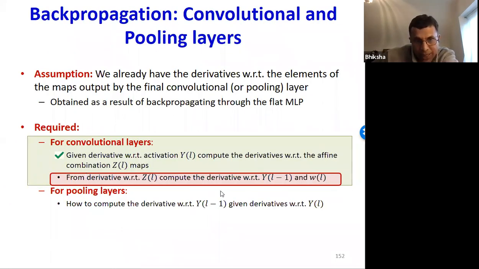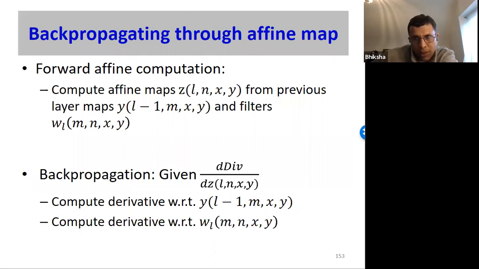The really challenging bit is now we are given the derivative with respect to z. How do you compute the derivative with respect to the output of the previous layer? And how do you compute the derivative with respect to the filters? This is the real challenge. So for the lth layer, you've computed all of the maps using the output maps of the (L-1)th layer and the filters of the lth layer.